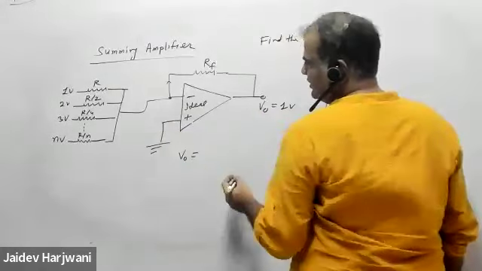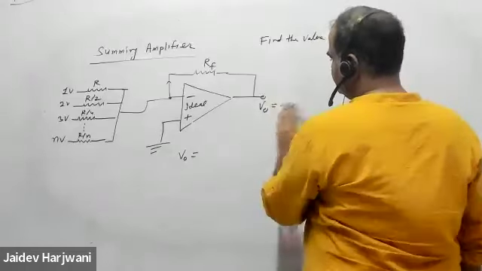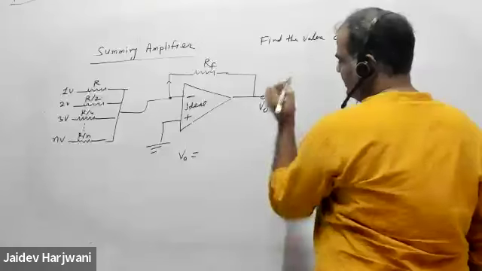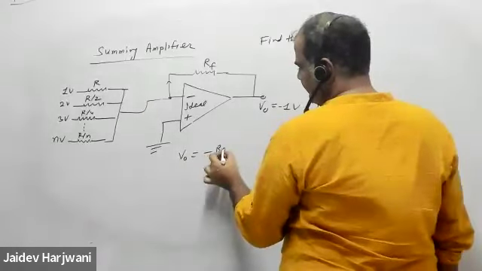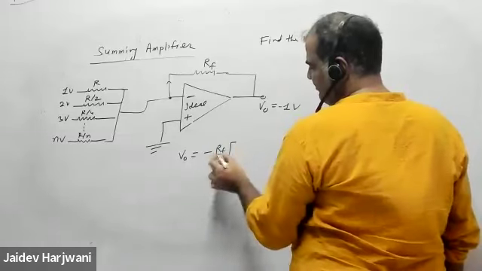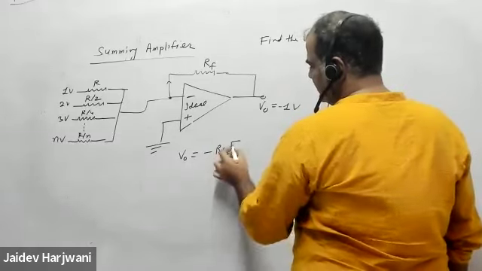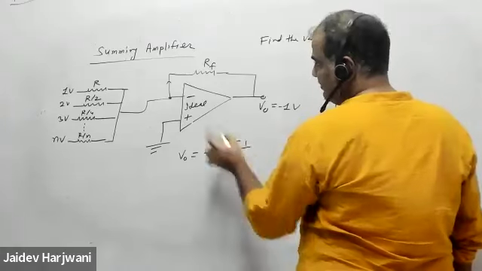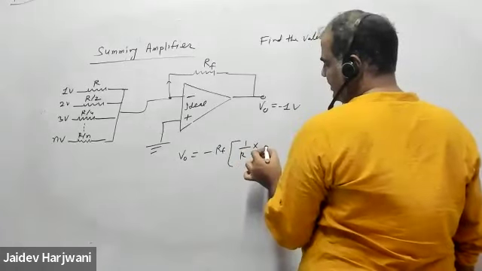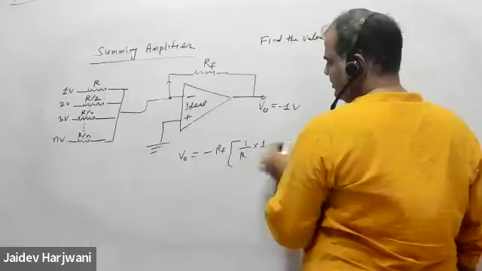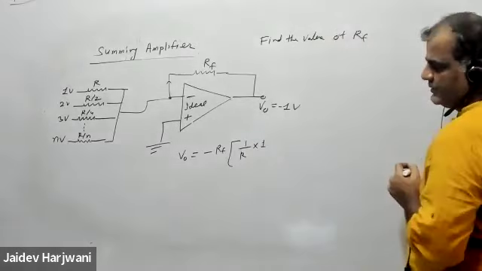V naught is minus 1 volt. Now V naught will be minus RF upon R1, RF we will take common. So 1 by R1, R1 is R, into 1 volt. Yes or no?